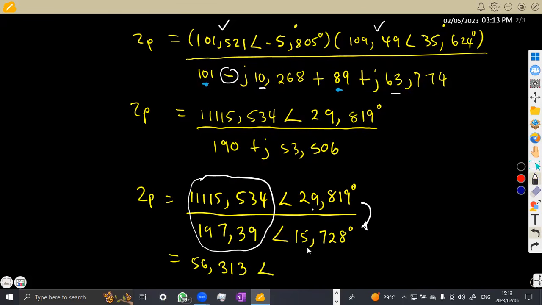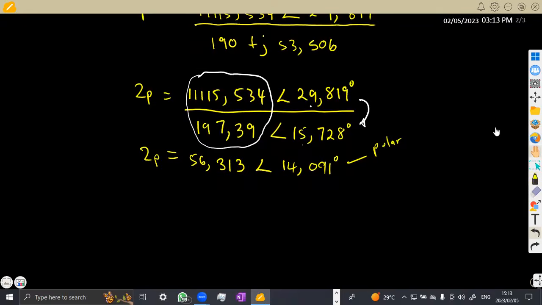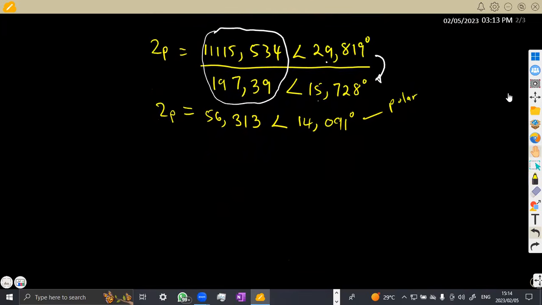So it's going to be 29,819 minus 15, with this number that you're given. So if you subtract, you're going to obtain 14,091 degrees. Okay, so this is the parallel combination that we got in polar form. So this answer is in polar form. So you can convert also this to rectangular. Just know your answers, guys. You never know what's going to happen.